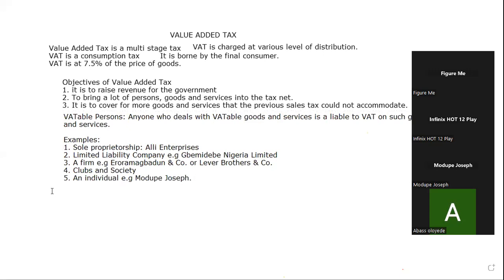The next thing we need to look at is VAT-able goods and services. What are VAT-able goods and services?